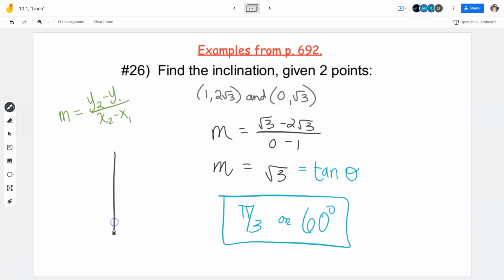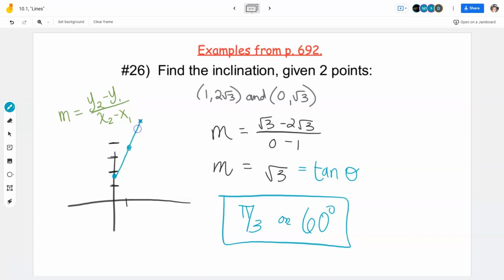If you want to double check, is it actually a positive inclination? 60 degrees says positive. I can do 0, root 3, which we already said is 1.7-ish. Oh, this makes sense. And 1 and 2 root 3. 1.7-ish, actually 1.8-ish, times 2 would be 3.6-ish. 3.6-ish would be about here.